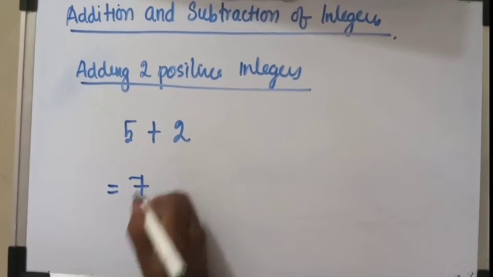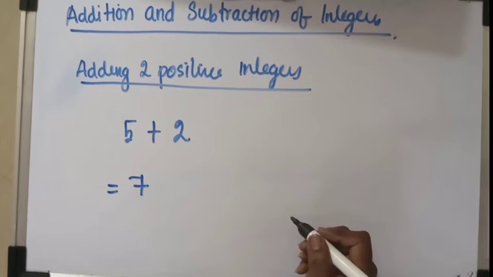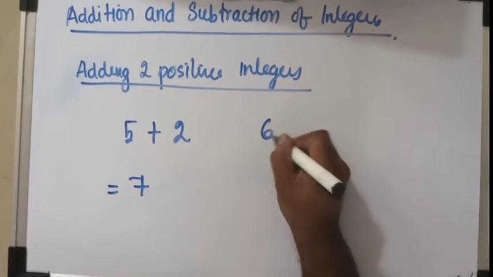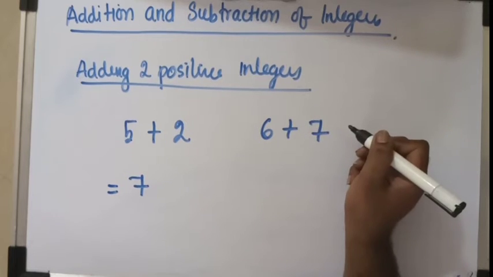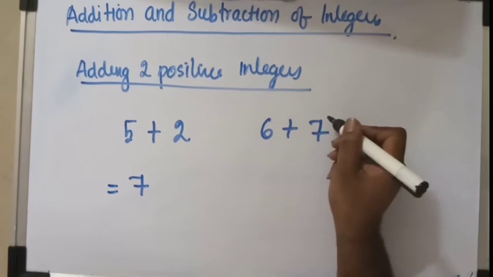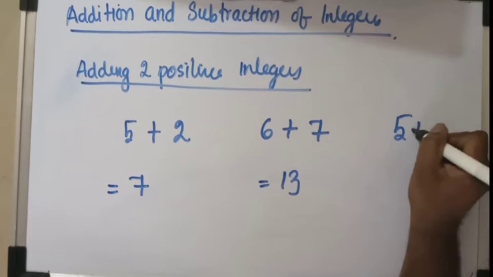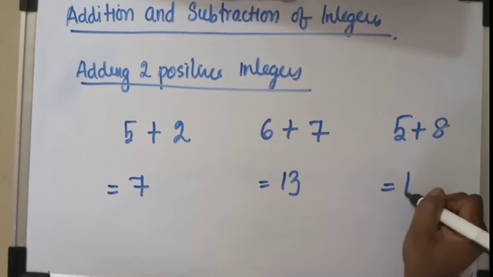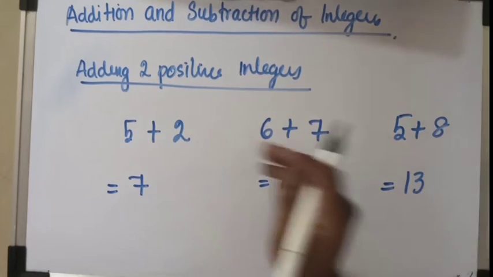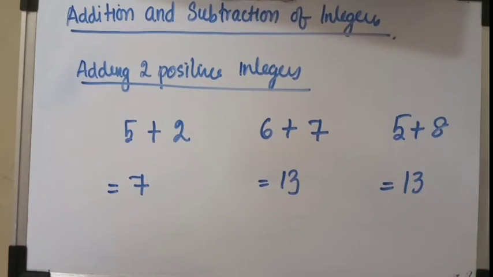You add it, it gives you 7. So I added two positive integers. 6 plus 7 is 13. 5 plus 8 is 13, right? So adding two positive integers is very easy.